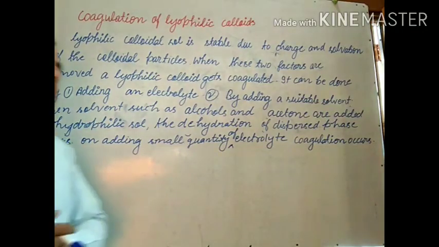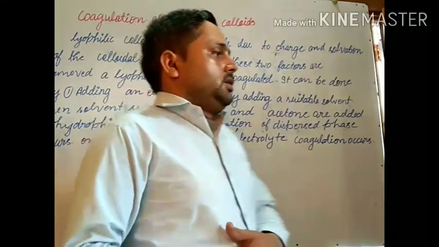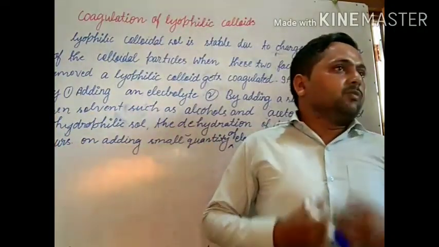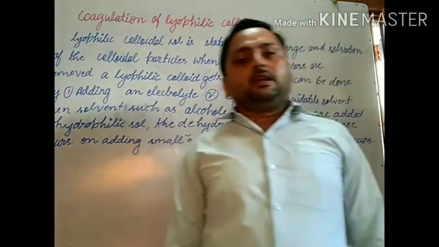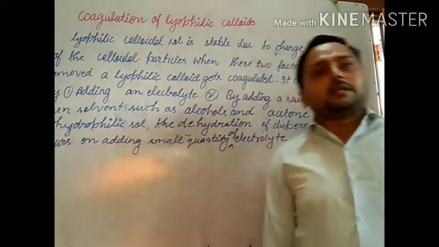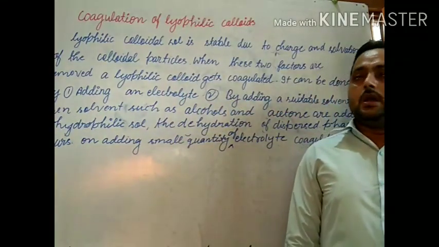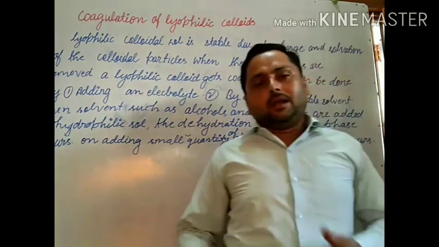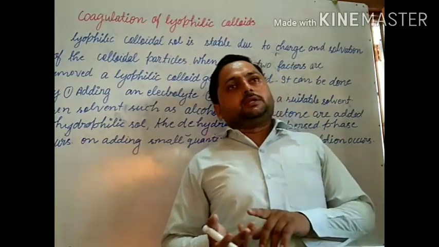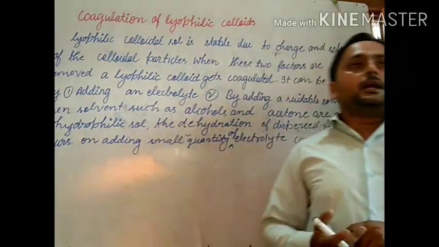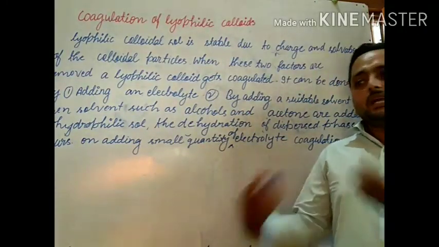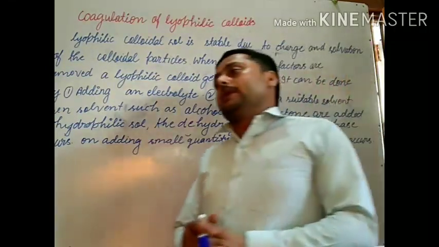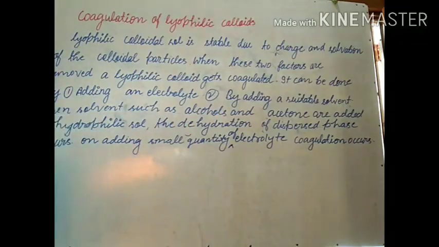If these two factors are removed, the lyophilic colloid will coagulate very easily. We can remove them by adding a suitable electrolyte and, second, a suitable solvent like alcohol and acetone, which dehydrate the disperse phase, and after that a small amount of electrolyte coagulates the colloidal solution.